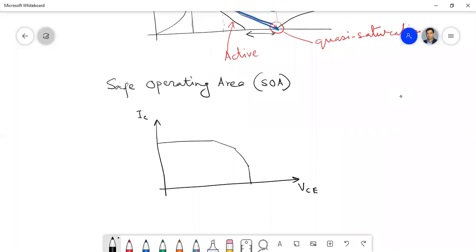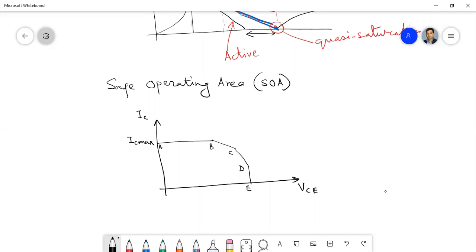So we have 4 parts of the safe operating area. Let us name them like this. This is called the IC max, maximum collector current. Now let us go one by one.